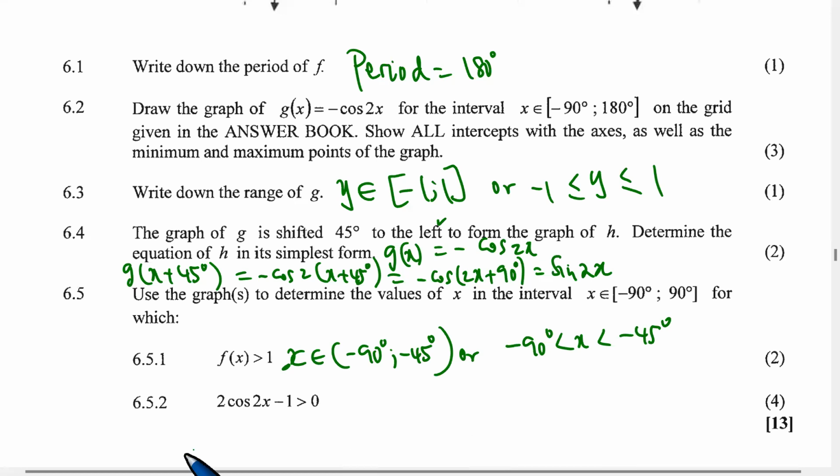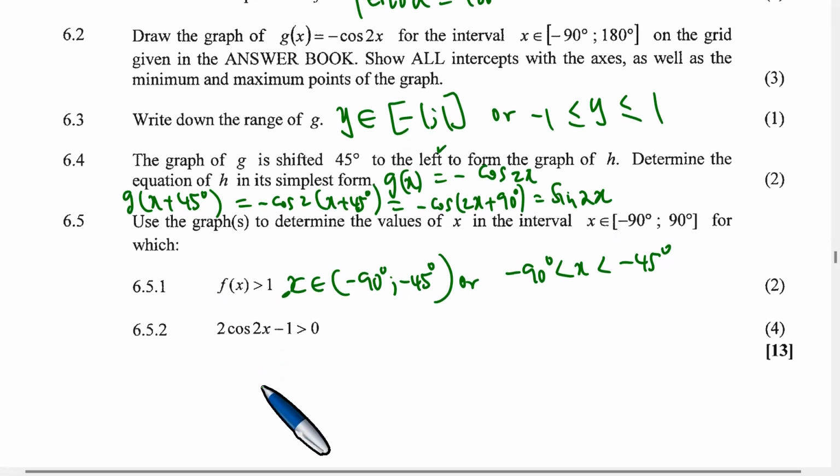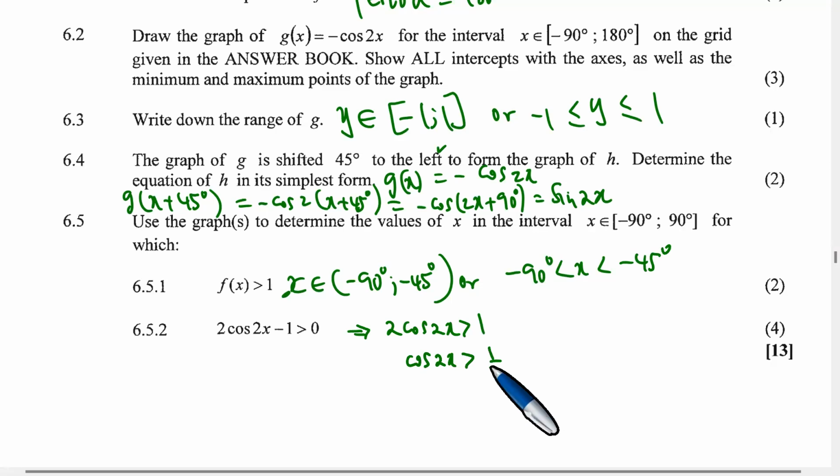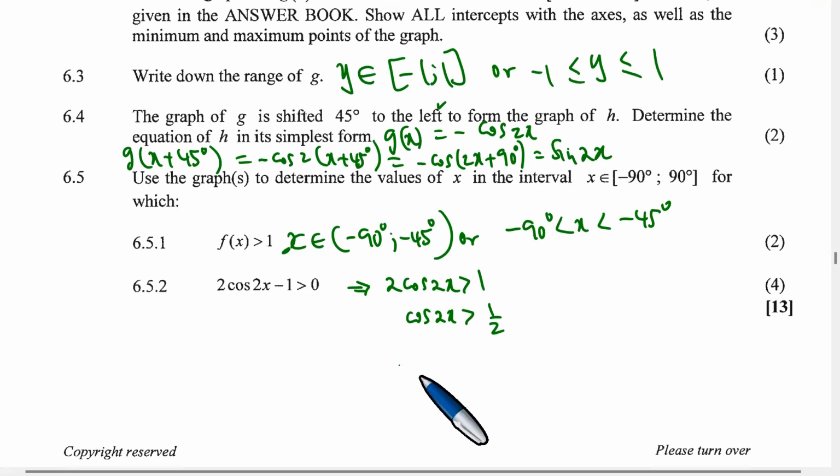Also now, if you look at this one, use the graph to determine the value of x for which this is the case. Okay, the examiner played a small trick here because we know that the function g is minus cosine 2x, but the examiner did this. So here you can perform a couple of things, which means we have 2 cosine 2x is bigger than 1, which means cosine 2x is bigger than 1/2. If you multiply both sides by negative so that you have cosine 2x, and then here you have minus 1/2, so it becomes less than.